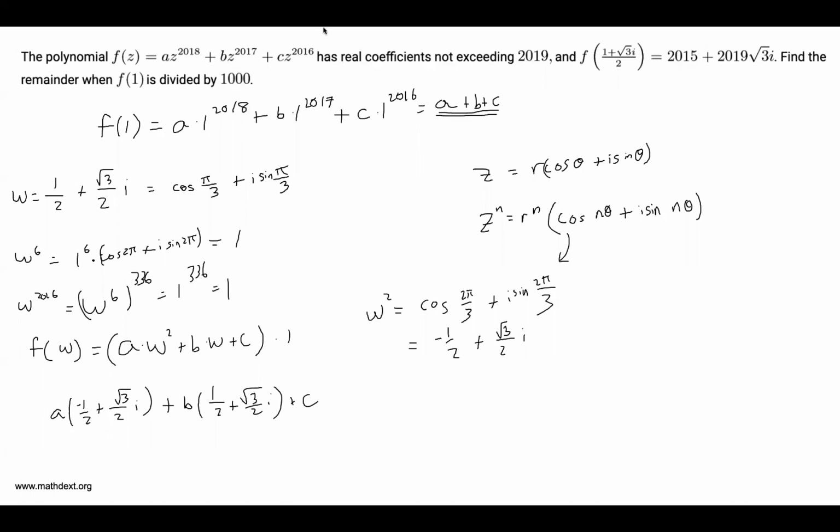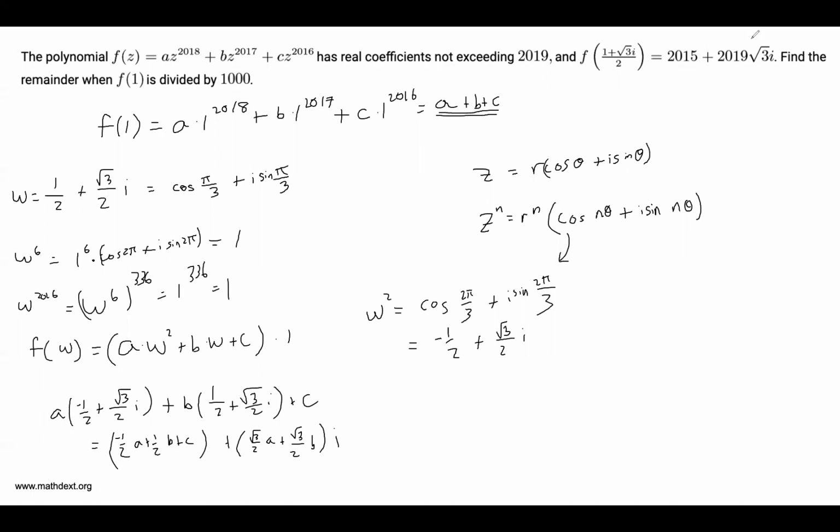And since a, b, and c are real, as stated in the problem statement, we can group the terms like this: negative 1/2 a plus 1/2 b plus c, plus square root of 3 over 2 a plus square root of 3 over 2 b, all times i.